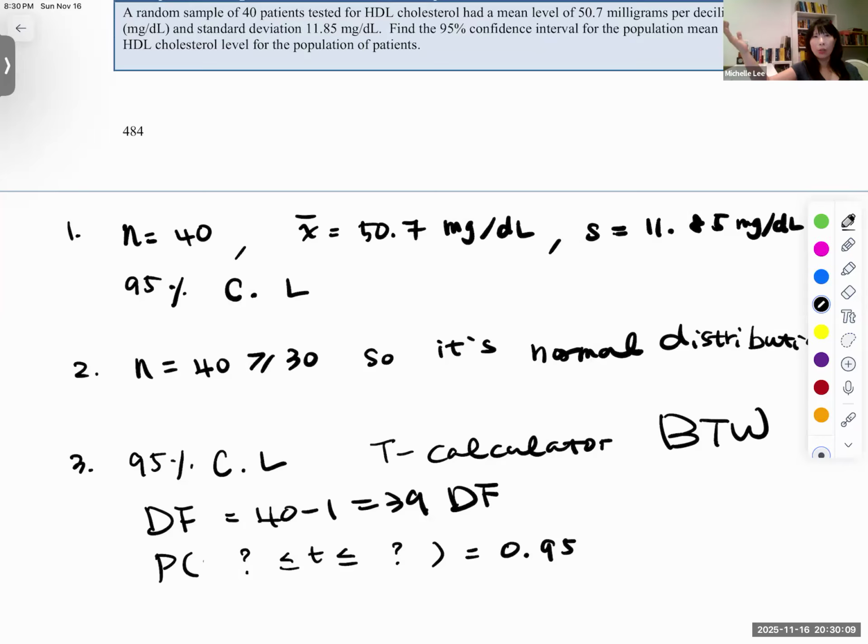No, we don't have to calculate that by hand. Alpha over 2, we calculate later. All right, let's do it in StatCrunch. One more time, I'm going to show you.